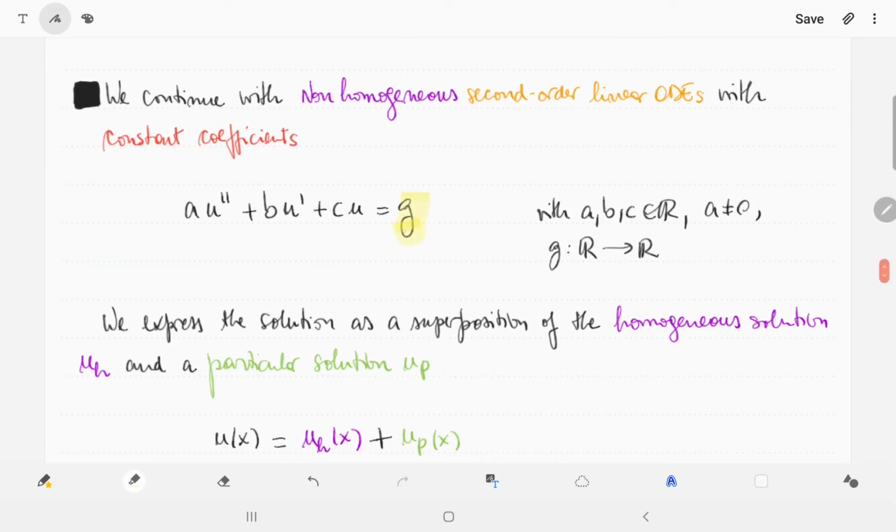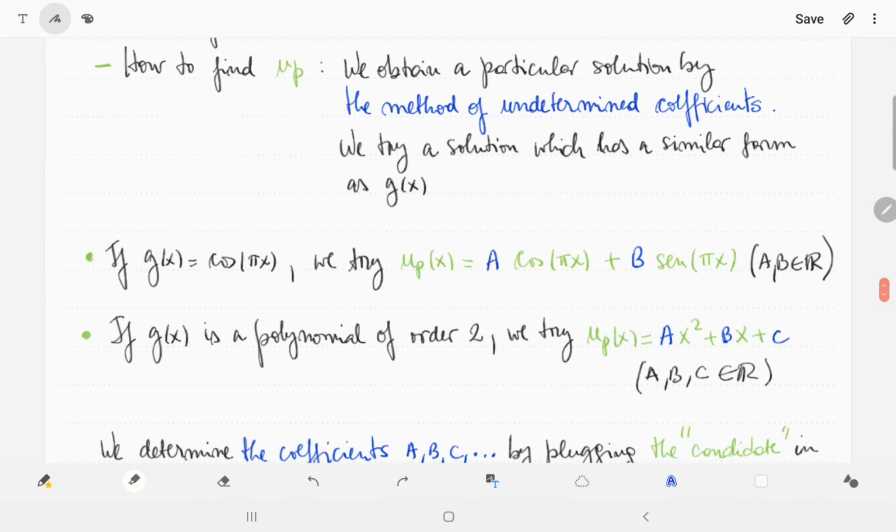We try a solution similar to the function g. So we look at g carefully and say, I want a particular solution, and I will propose one which is similar to this function g. For example, if g is the cosine of px, we would try this combination of cosine px and sine px.